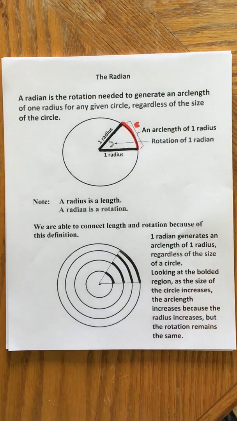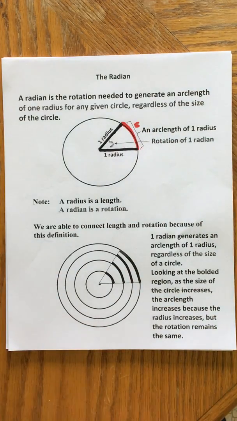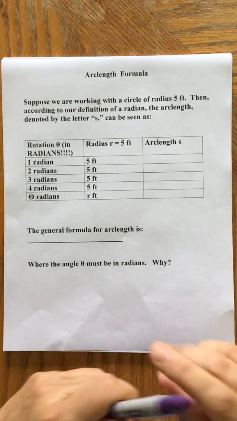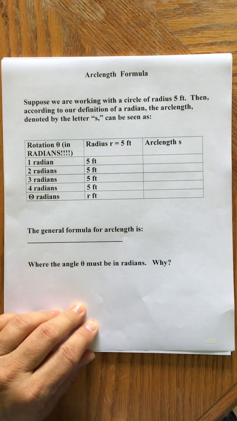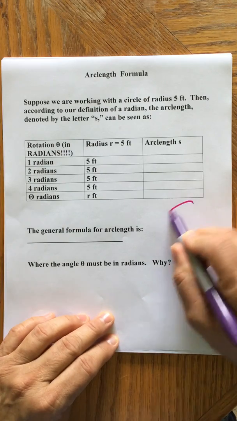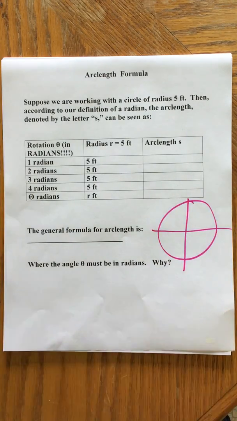So let's take an example. Suppose we have a circle with a radius of 5 feet. Here's a circle, and let's say we have the Cartesian coordinate system there.